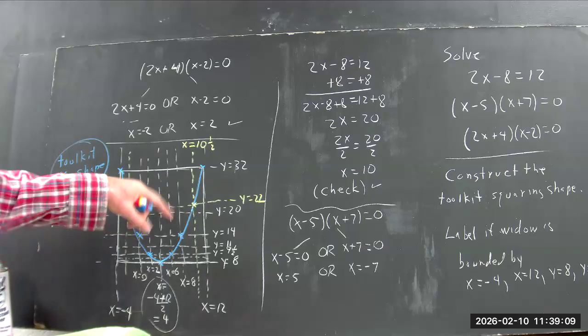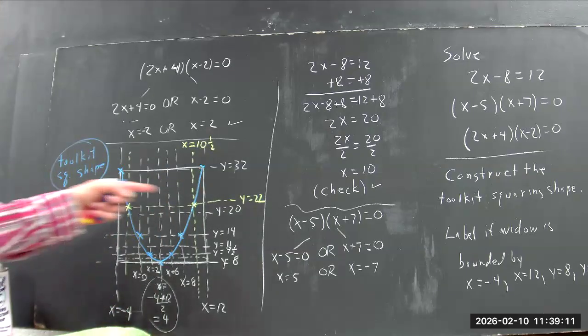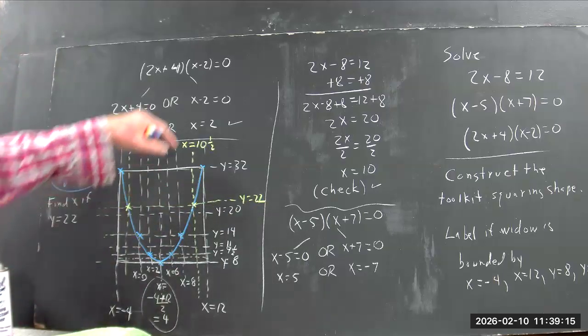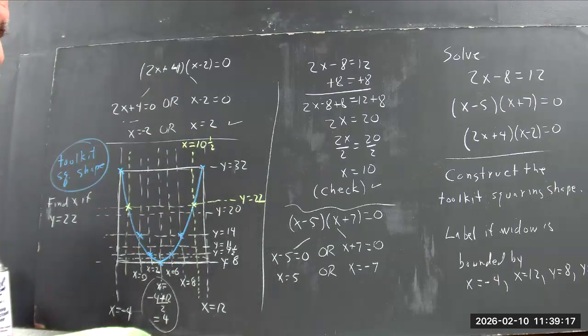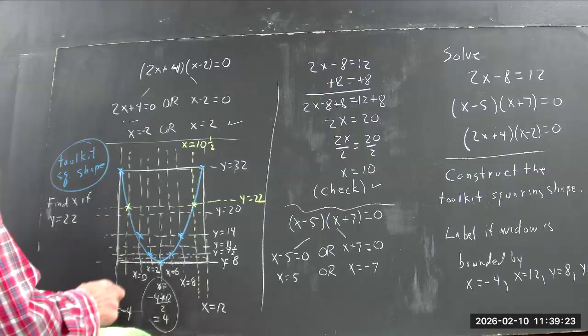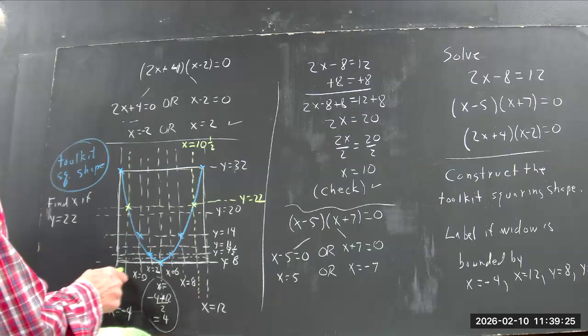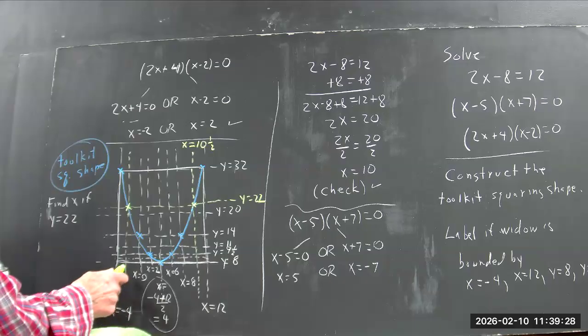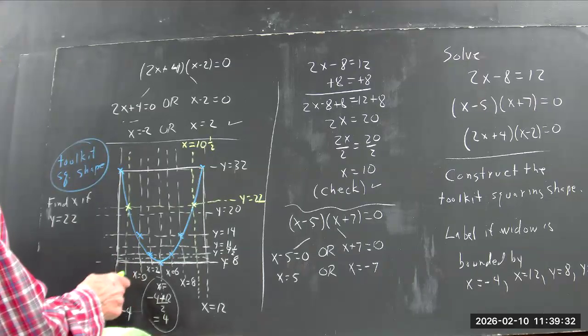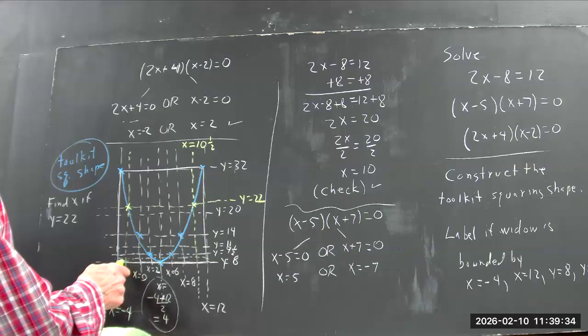You just try to find the x coordinate of the point on the graph where y equals 22. So you draw the line y equals 22, identify the points, and then draw your vertical line so you can estimate x. And then we estimate x over here. It's between -4 and 0, and it's clearly somewhat closer to -4. Halfway between -4 and 0 would be -2.